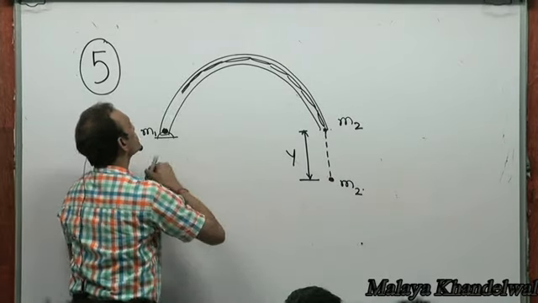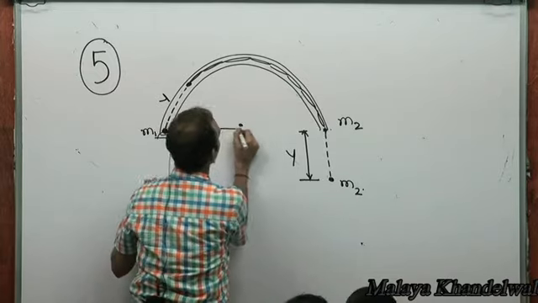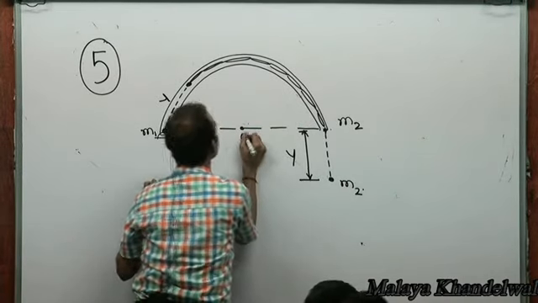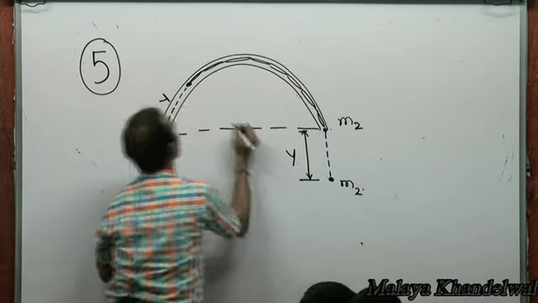Right, string constraint. This is the center O of this tube. And this m1 would have described an angle theta at this point, right? Now, r is the radius of the tube, theta is known.